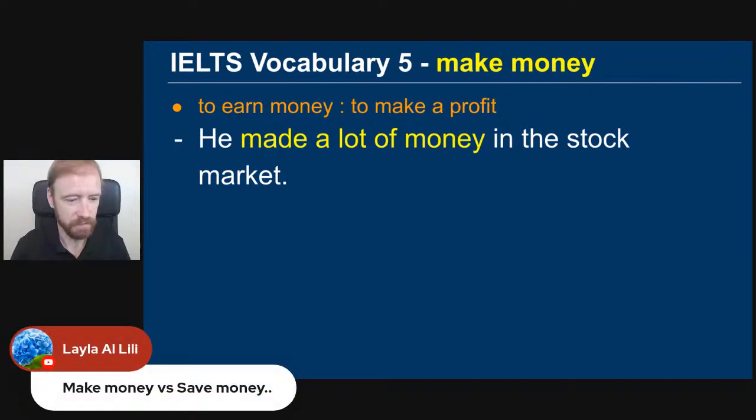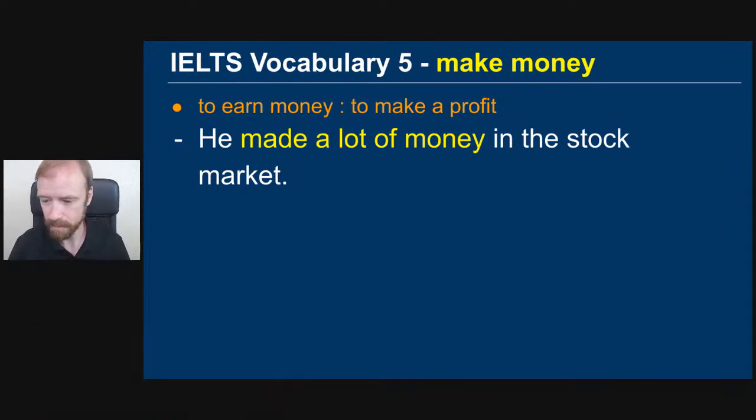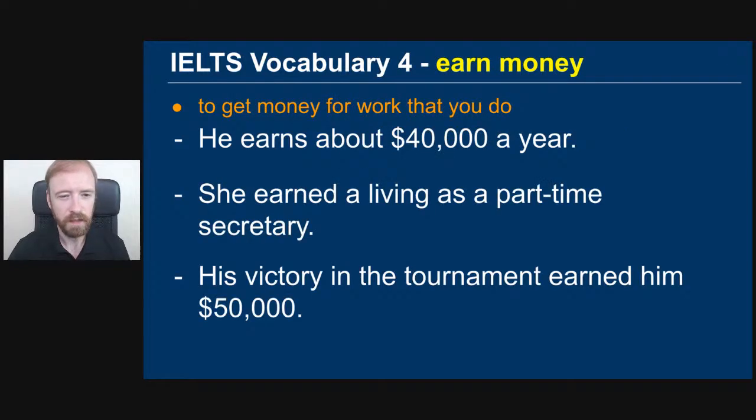Make money versus save money. Well, you got to make money and save money. You need to make money before you can save money. Now, if we go back and each time I say earns, he earns about $40,000 a year, I can say he makes about $40,000 a year.